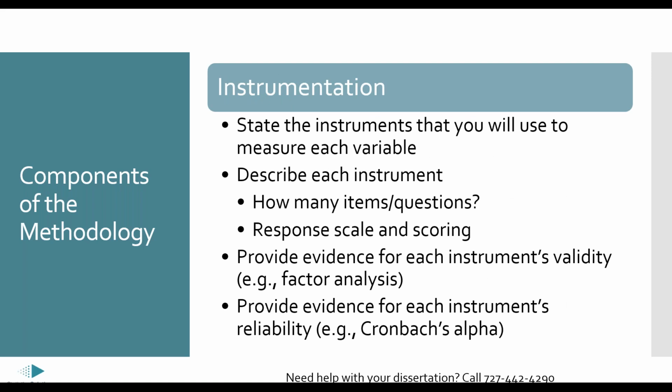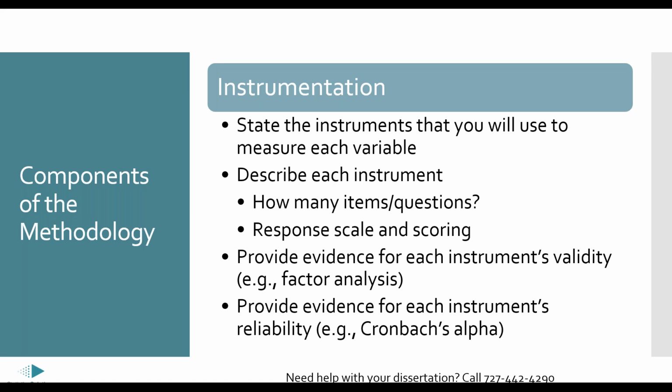So now that we've covered the population and the sample, now we'll talk about the instrumentation. And so in the instrumentation section, you want to state what kinds of materials or instruments you're using to measure each variable of interest in your study.